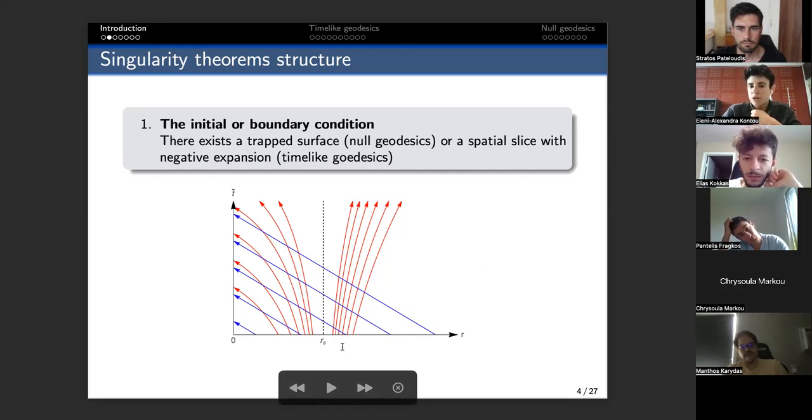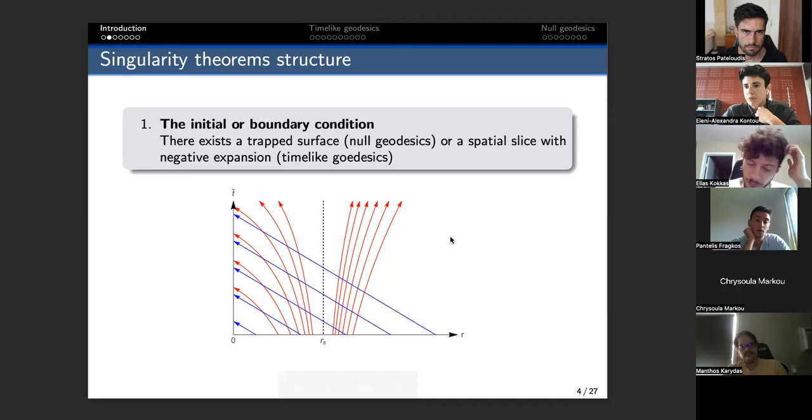So outside of the classical horizon, it's Schwarzschild and then the light going back in. But this strong condition is the trapped surface.